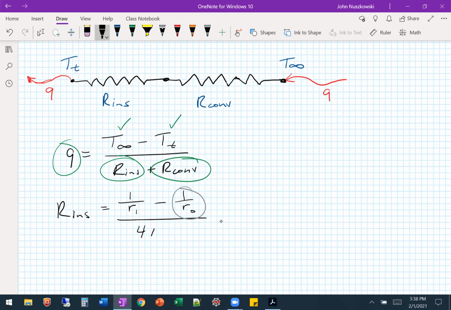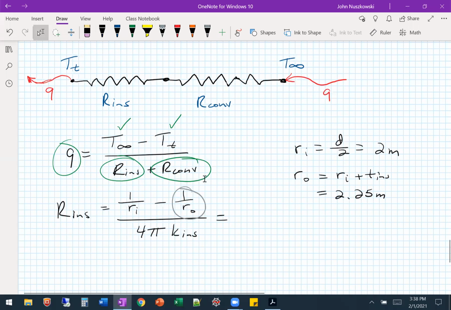And then we have 4 pi k insulation. And then we can solve this. Our inner radius is just our diameter divided by 2, which ends up being 2 meters. And our outer is our inner plus our thickness, which is 2.25 meters.